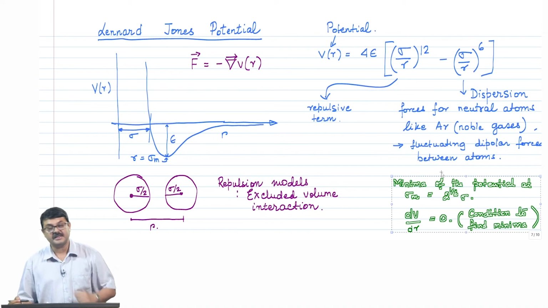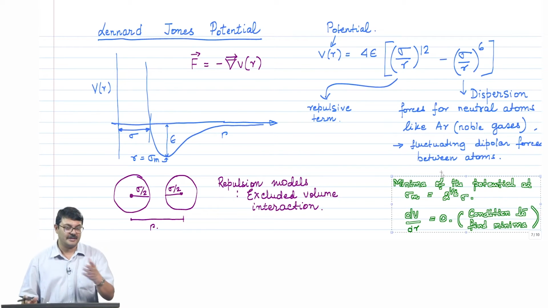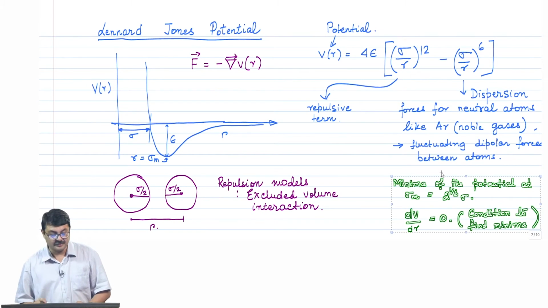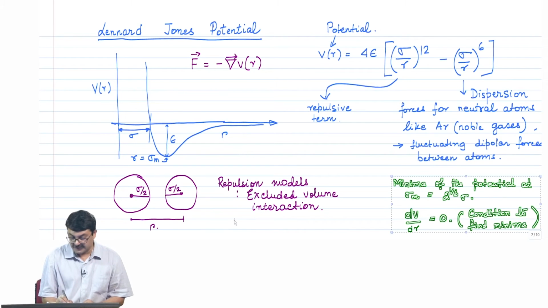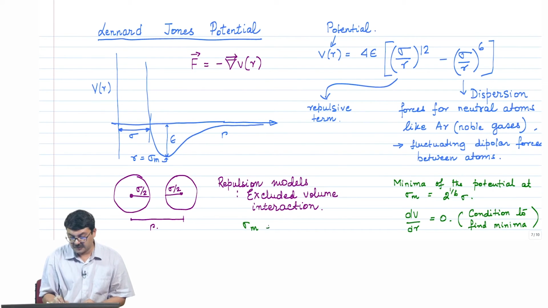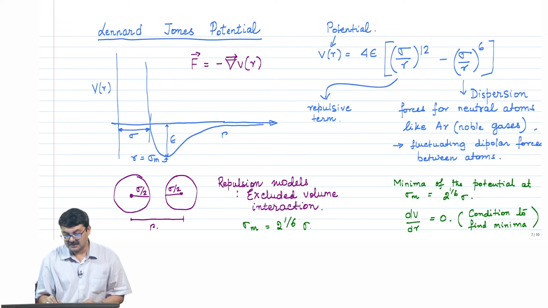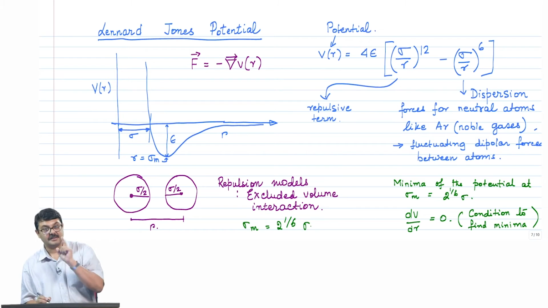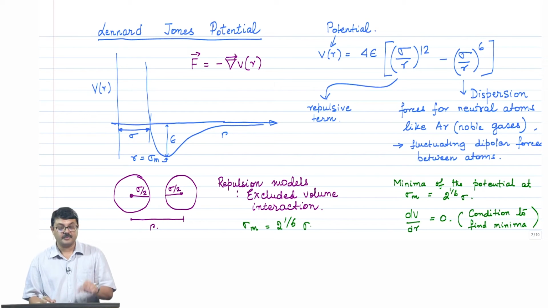Here the function being V of r, you take dV by dr equal to 0, and then solve for the value of r at which it is minimum. So, dV by dr equal to 0 is the condition of a maxima or minima, and later you can check that it is a minimum. The value of sigma m comes out to be 2 to the power 1 by 6 sigma, sigma being the diameter of a particle, or sigma by 2 is the radius of a particle.